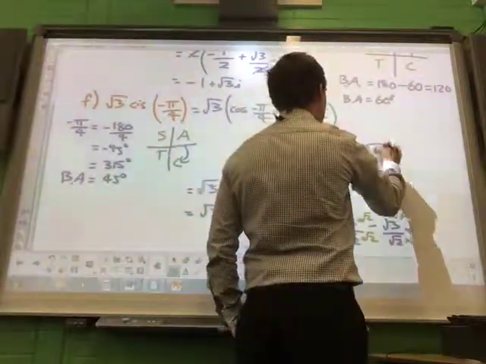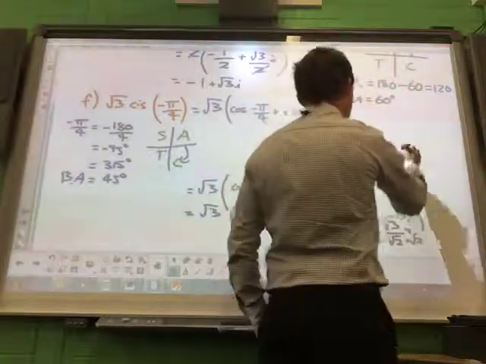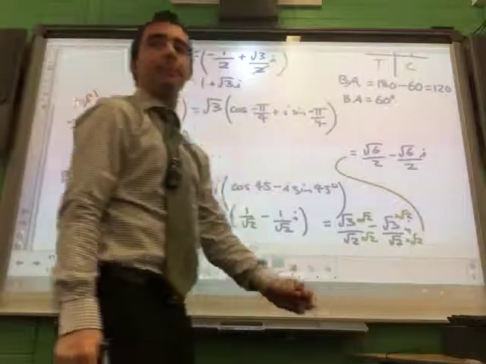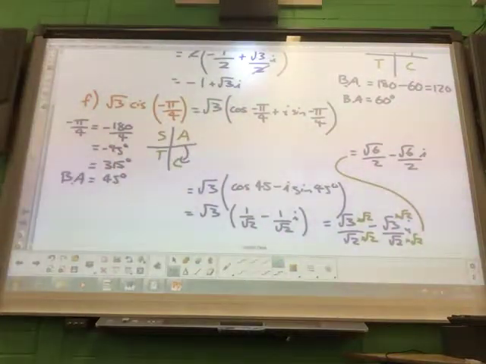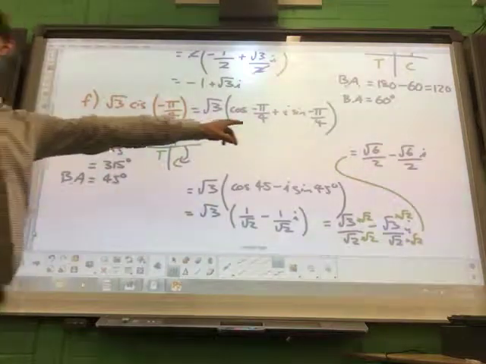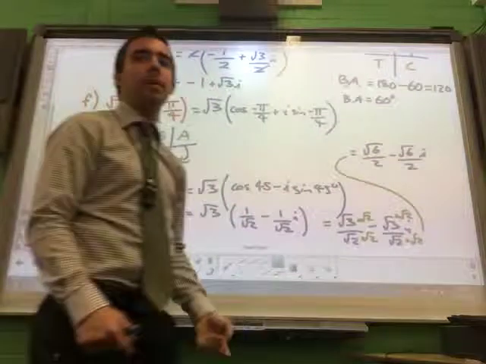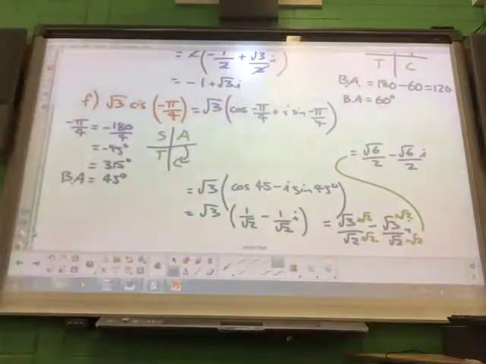So root 6 on 2 take away root 6 on 2 i, which is a point in the fourth quadrant, isn't it? Because you've got a positive real part and a negative imaginary part, which fits into the fourth quadrant. Any questions?